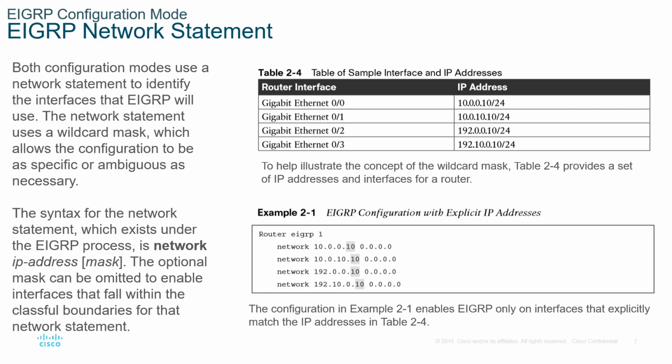Now, as I said earlier, we don't need to be that specific. We can just put network 10.0.0.0, and that would include both our Ethernet 0/0 and 0/1, because they both belong to the class address of 10. Same goes down here.